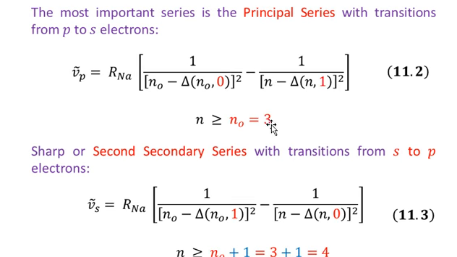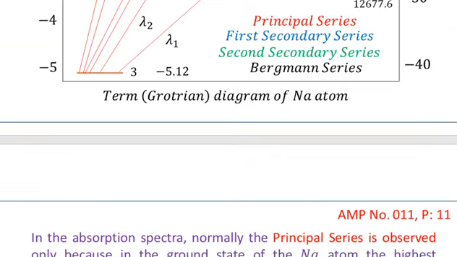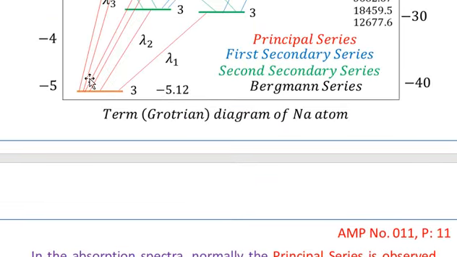This is the principal series obtained from the sodium atom, because the 3s level will be the ground level of the sodium atom, and you know that here L is equal to 0. Let me show you that this is the 3s level with the principal quantum number 3, and this level has the orbital quantum number L equal to 0.